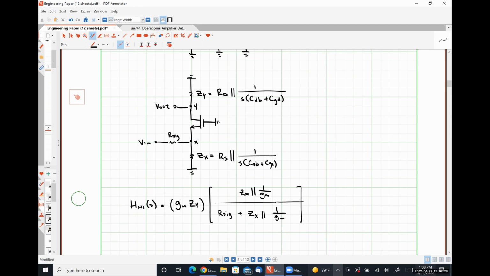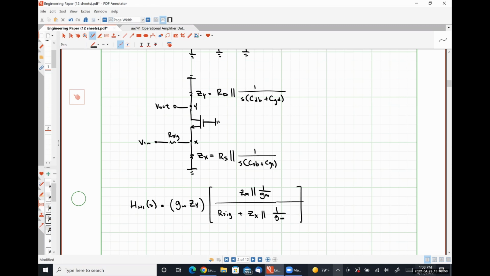And what we're going to find, if I have enough time, is that we can take our big picture transfer function, GMRD times frequency dependent stuff, or we can simply look at the impedance connected with node X and associate a pole with node X, look at the impedances connected with node Y, associate a pole with node Y, and we're going to get the exact same result. And that's true anytime we don't have an impedance linking those two nodes.